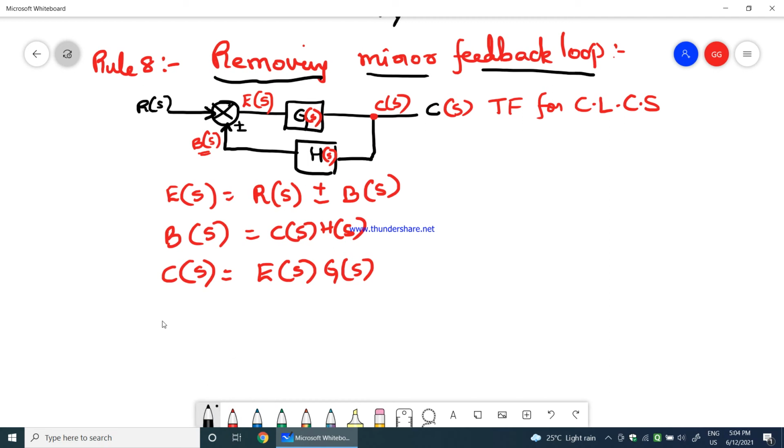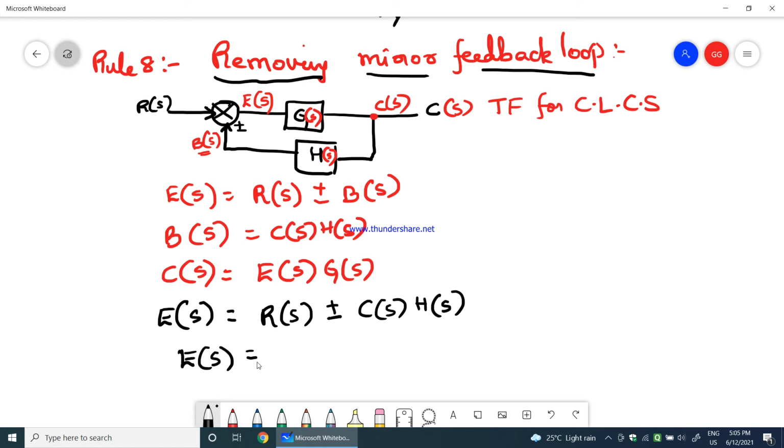So now E of S equals R of S plus or minus B of S, which is C of S into H of S. Also E of S equals C of S by G of S. Let me label these 1, 2, 3.